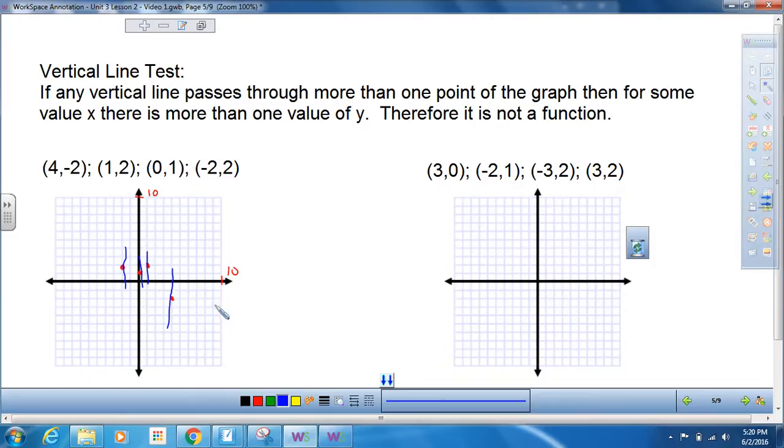Now, all these vertical lines only go through one point, so that means it passes the vertical line test. So yes, this is a function.